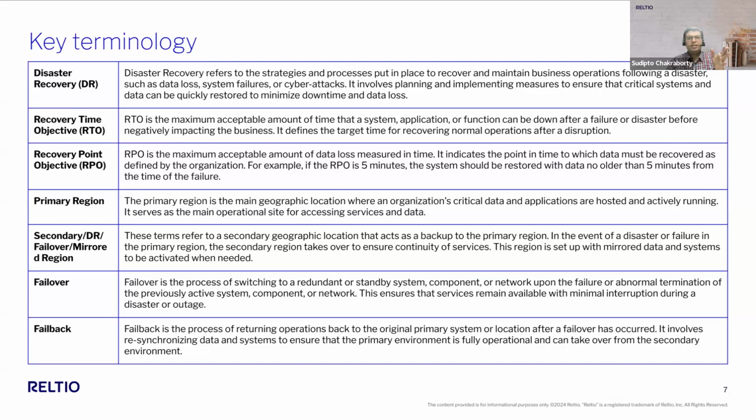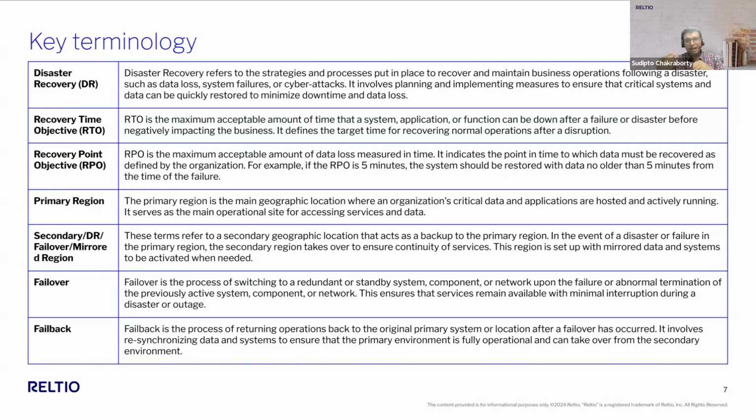And next is failover and failback. So failover is the process of switching operations from the primary to the secondary region when disaster hits. It's what we do to keep services available with minimal interruption. In a failover, the secondary becomes the new primary, taking all traffic and workload. Failback is the reverse.